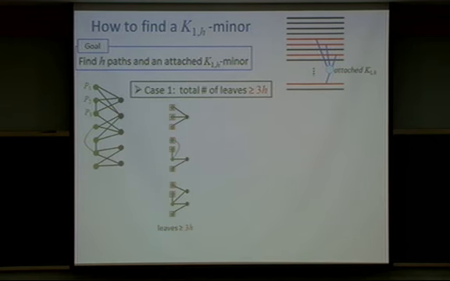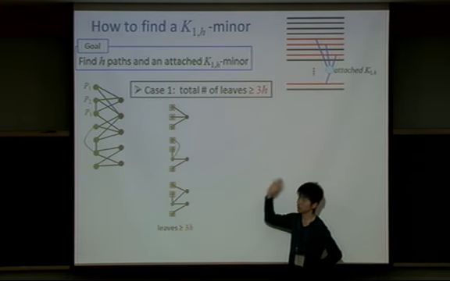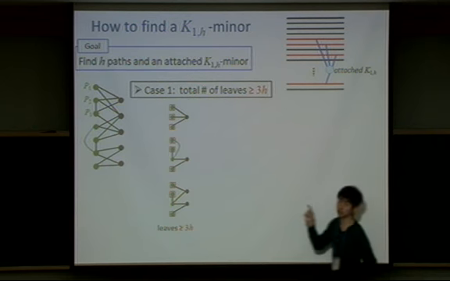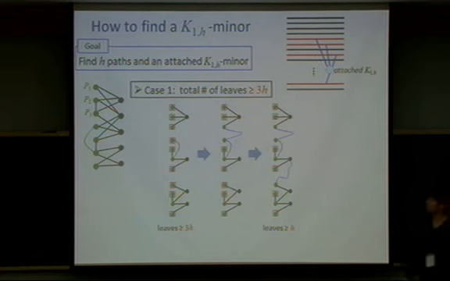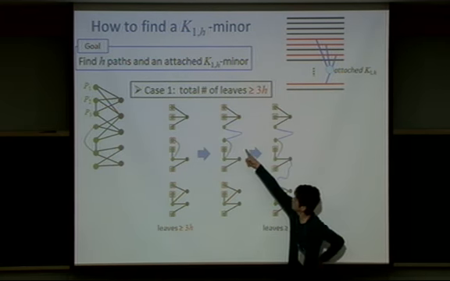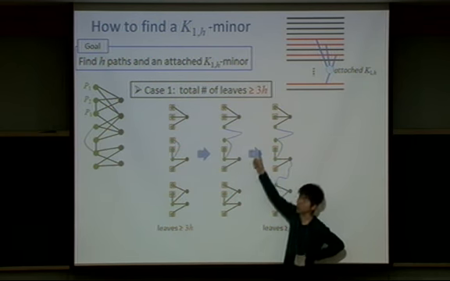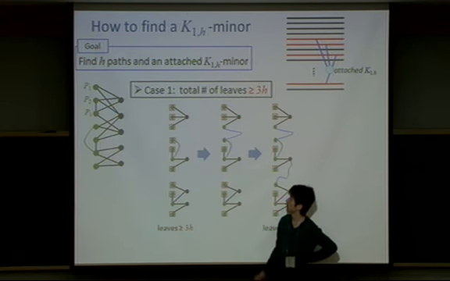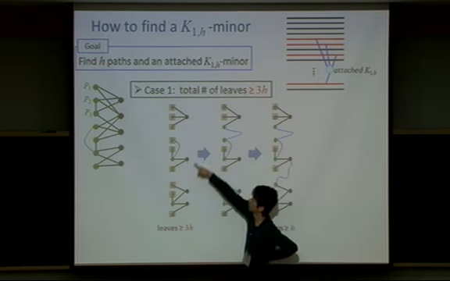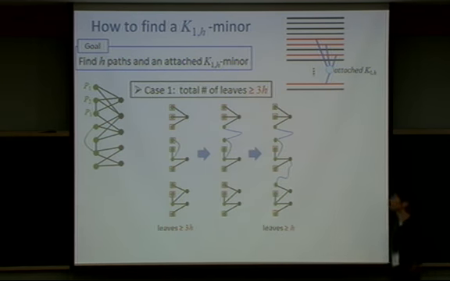So in the first case, we have many star minors. And since the graph is connected, we can find a path connecting 2 star minors like this. By using this path, we can obtain a star minor with more leaves. Each star minor has 3 leaves here, and this star minor has 4 leaves.